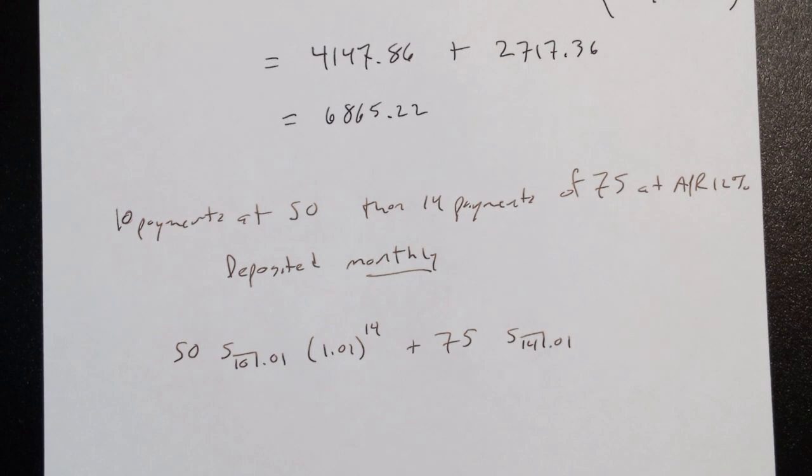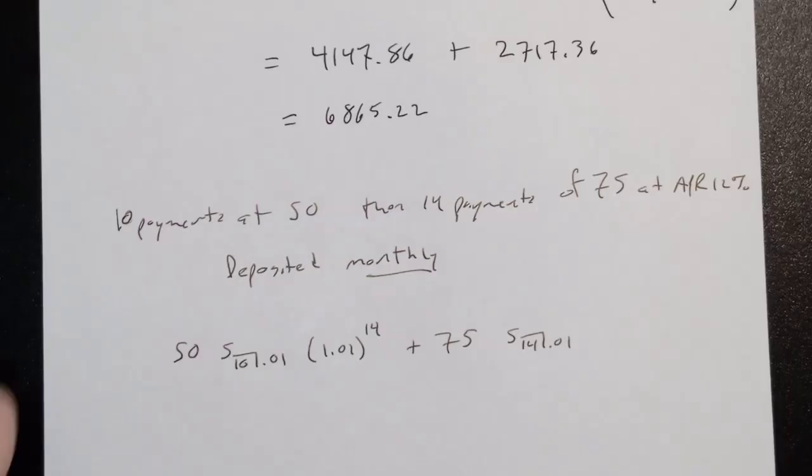I'm not going to right at the moment, because there's also another way to think of this. Another way to think of this is I made a $50 deposit for an entire 24 months. But partway through that, I started making another $25 deposit.